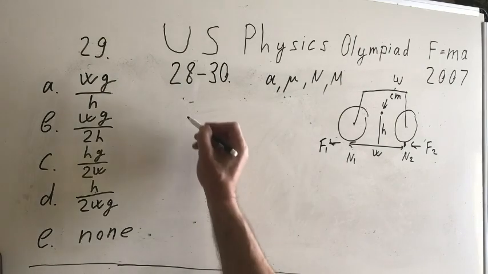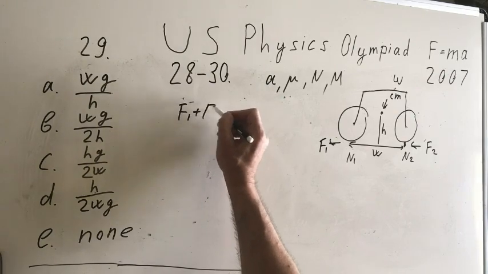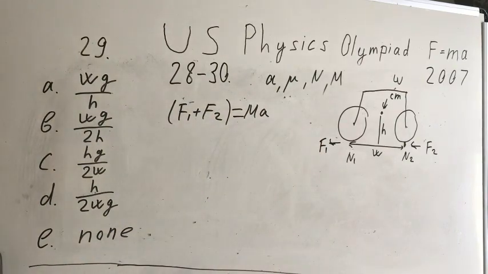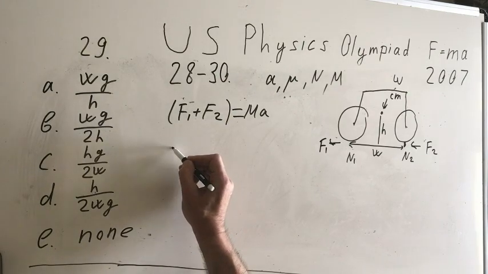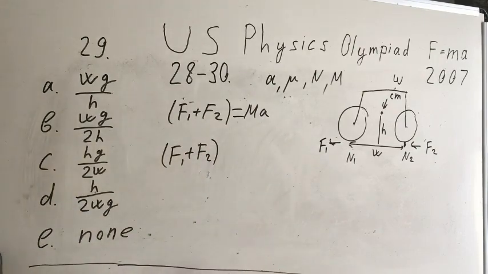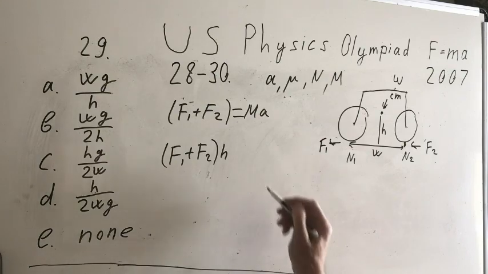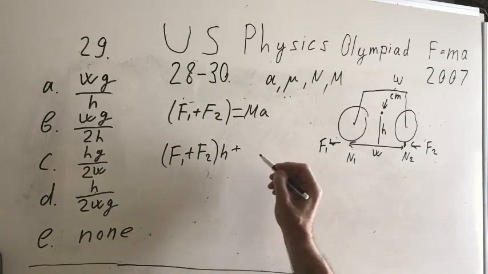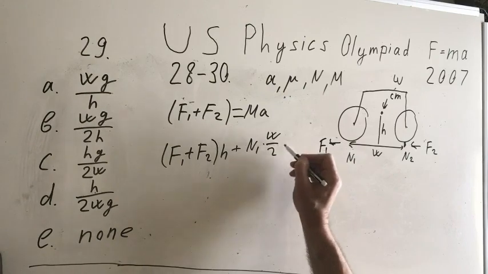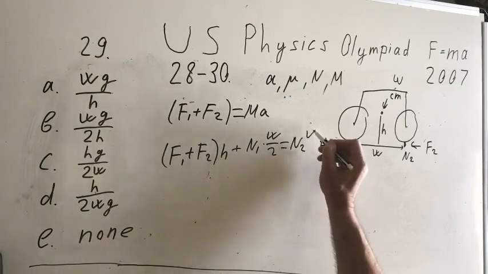So first we can write the equation F1 plus F2 equals MA, and for static rotation we have F1 plus F2 multiplied by H plus N1 multiplied by W over 2 equals N2 multiplied by W over 2.